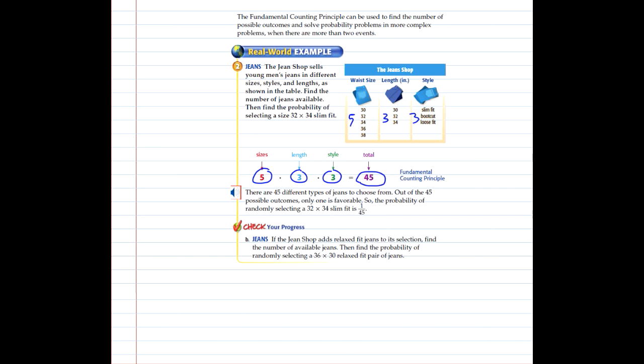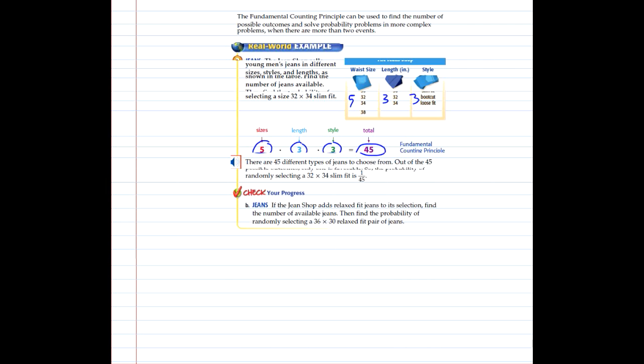There are 45 different types of jeans to choose from. Out of the 45 possible outcomes, only 1 is favorable. So remember, probability is favorable over possible. So my 32-34 slim has a probability of randomly being selected 1 in 45 times.